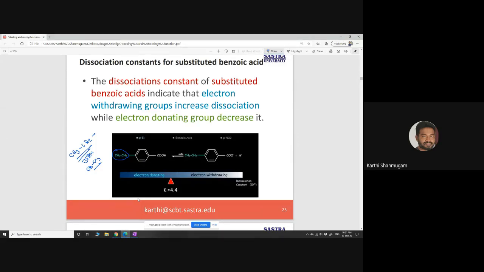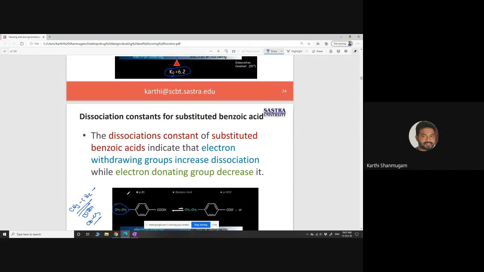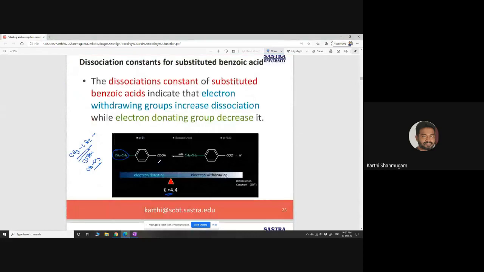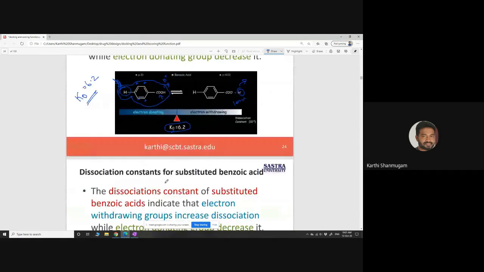The K value he identified is 4.4. The K value for the actual benzoic acid is 6.2. After replacing the hydrogen at the para position with CH3CH2, the K value is now 4.4. You can see there is a kind of shift in the equilibrium.